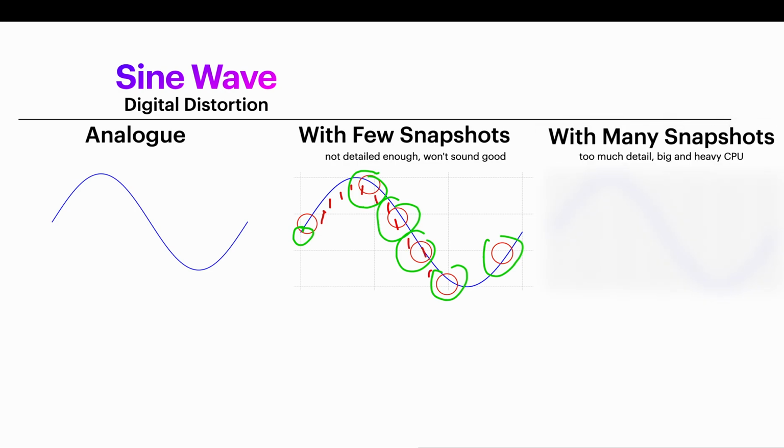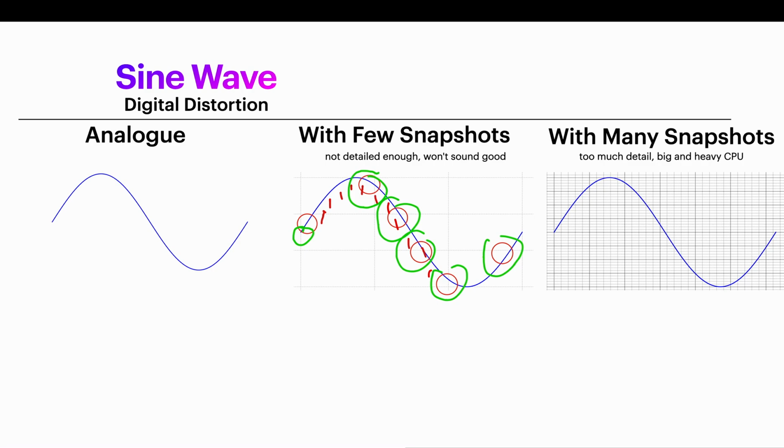Now, if you take a lot of snapshots, what you're going to be getting on this is much more detail about this. The downside to this is, again, it's going to be a big file, and also your computer is going to have to be working a lot. But the good thing is, as you can see here, I've got a lot of information being sent into my computer, which is going to be a much better representation of this sine wave.